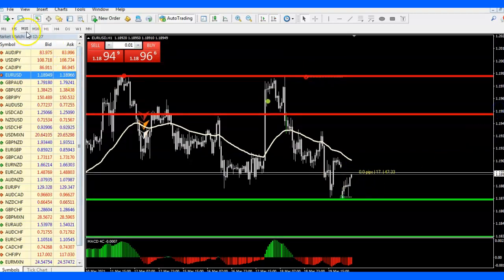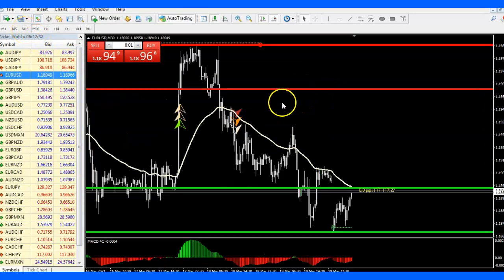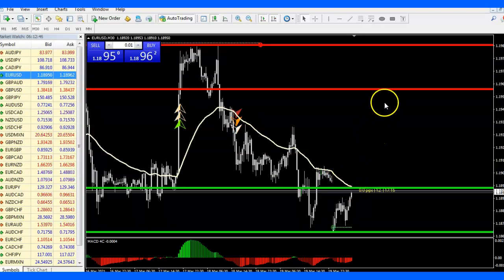I can come to the 1 hour or 30 minutes. And I will wait, obviously, for the triple arrow to show up so I can take my trade. And I will leave it right there for 2-3 days, or maybe the rest of the week, and see how far it takes us.